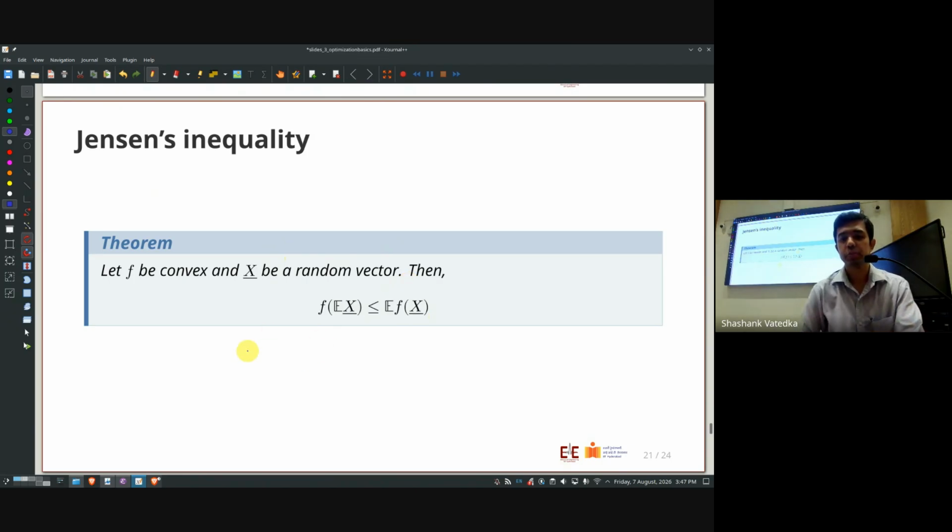Because what is expectation of x? It is p times x1 plus 1 minus p times x2, which is just a convex combination, and f of it is less than or equal to p times f of x1 plus 1 minus p times f of x2. So this is just the definition of convexity.